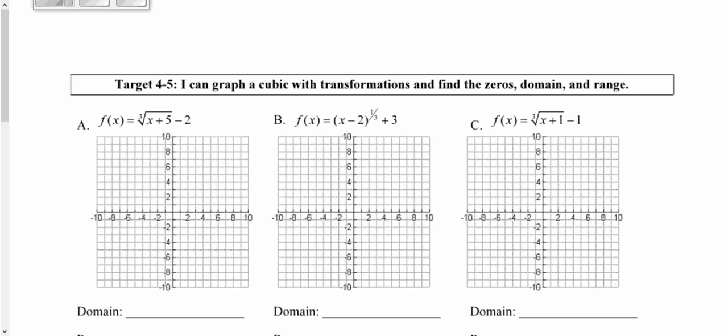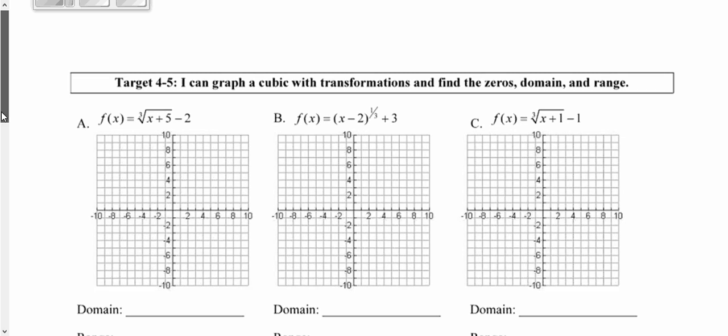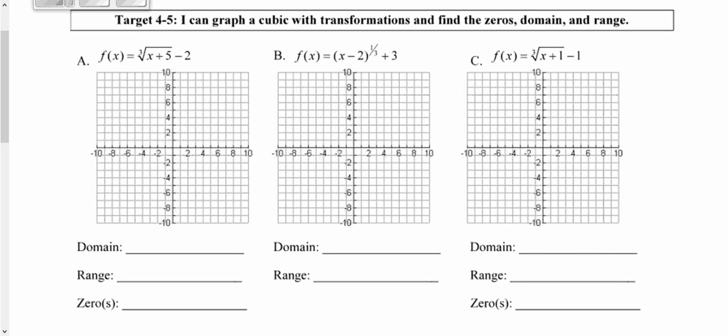Moving on to targets 4 and 5. So for targets 4 and 5, we have our cube root function. That's the graph, which is target 4, and then target 5 is going to be finding that information below: the domain, range, and zeros. So I'm going to start with the parent function. And so for a cube root, the parent function is going to have all the x values of perfect cubes.